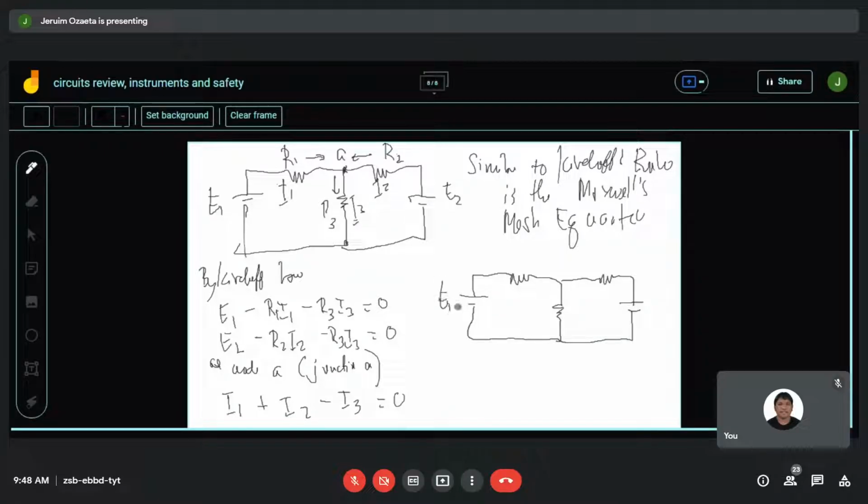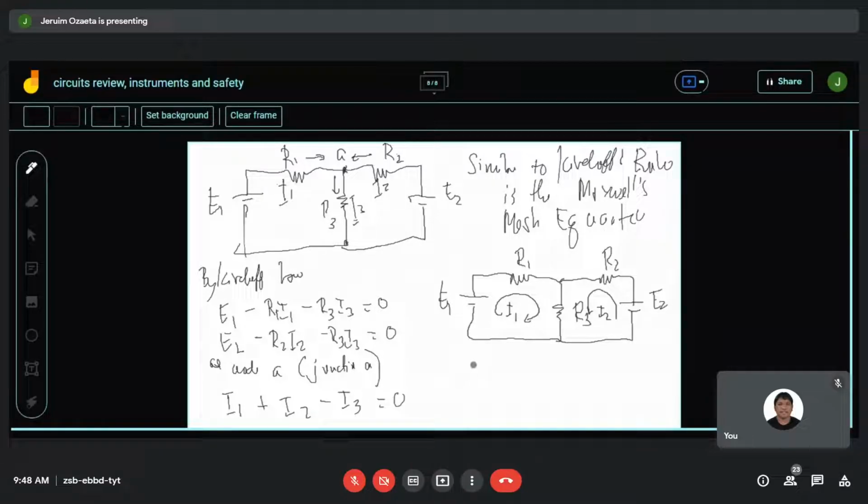Example, this is E1, E2, R1, R2, R3, and in Maxwell's equation, you have a mesh current I sub 1, also a mesh current I sub 2.